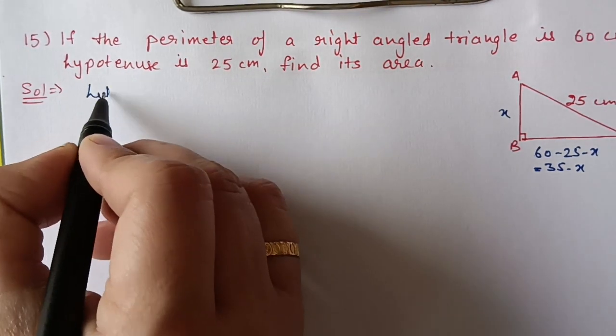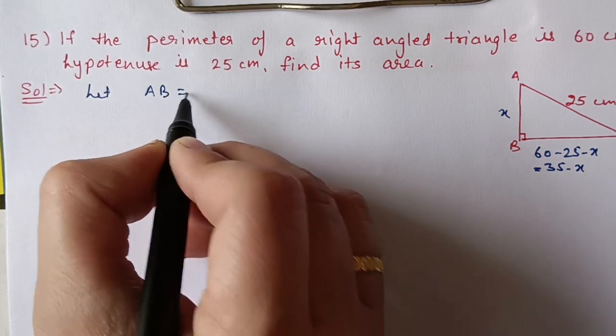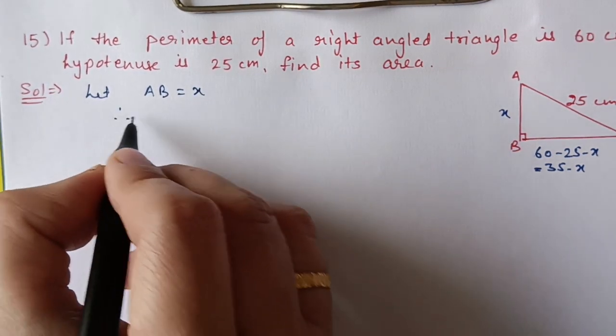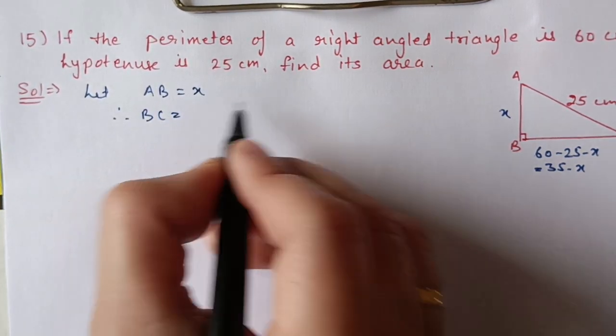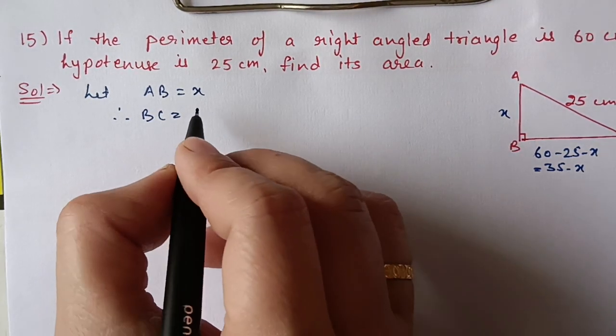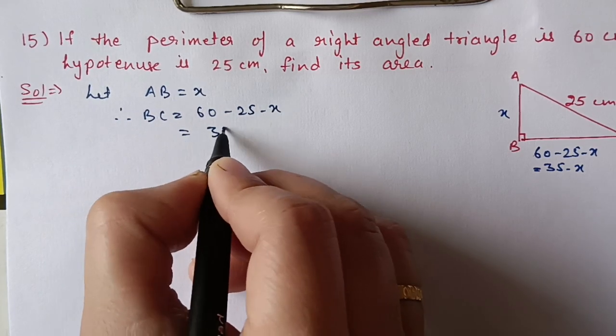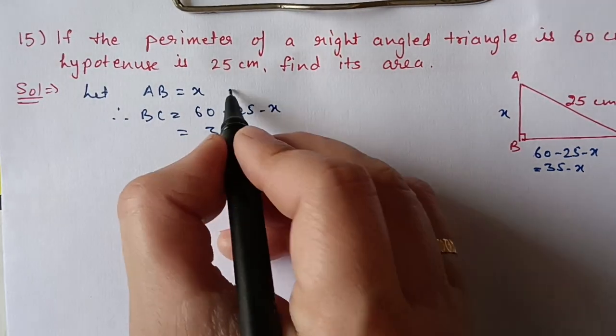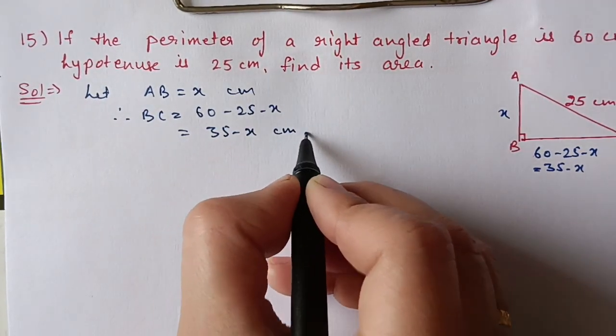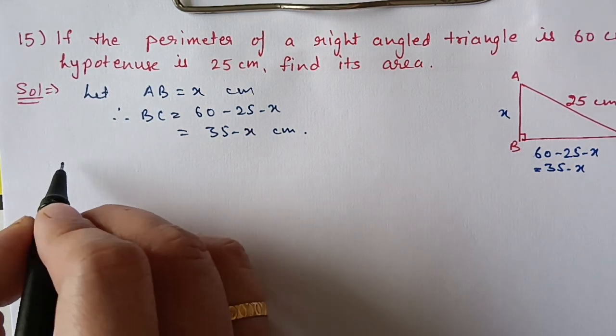Let AB be equal to x, then BC will be, from the perimeter, the rest two sides we have to subtract. So 60 minus 25 minus x, 35 minus x we are getting. Now we will use here Pythagoras theorem.